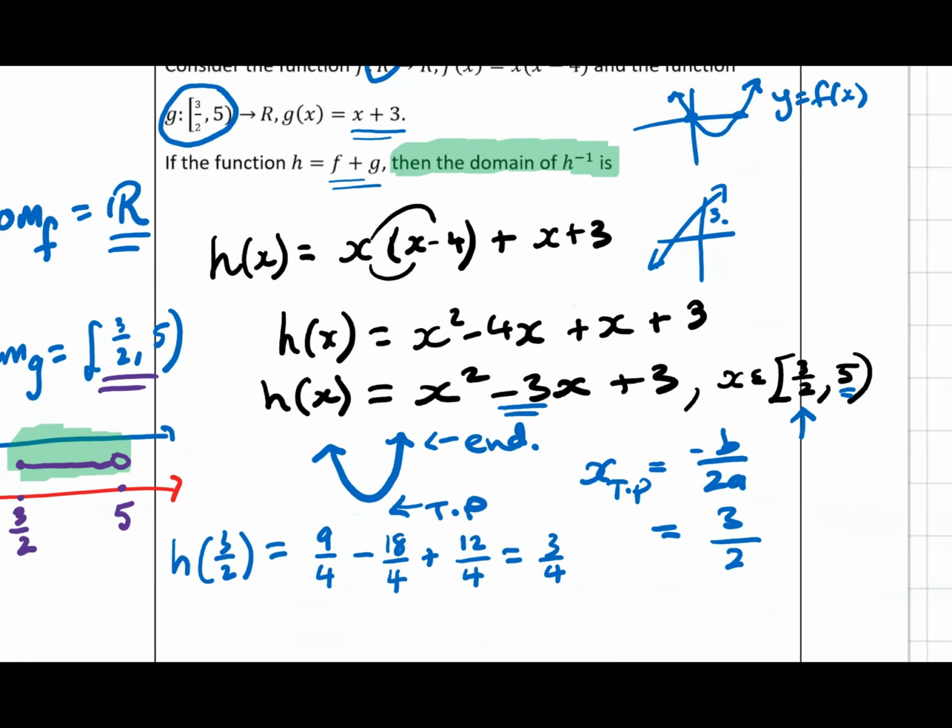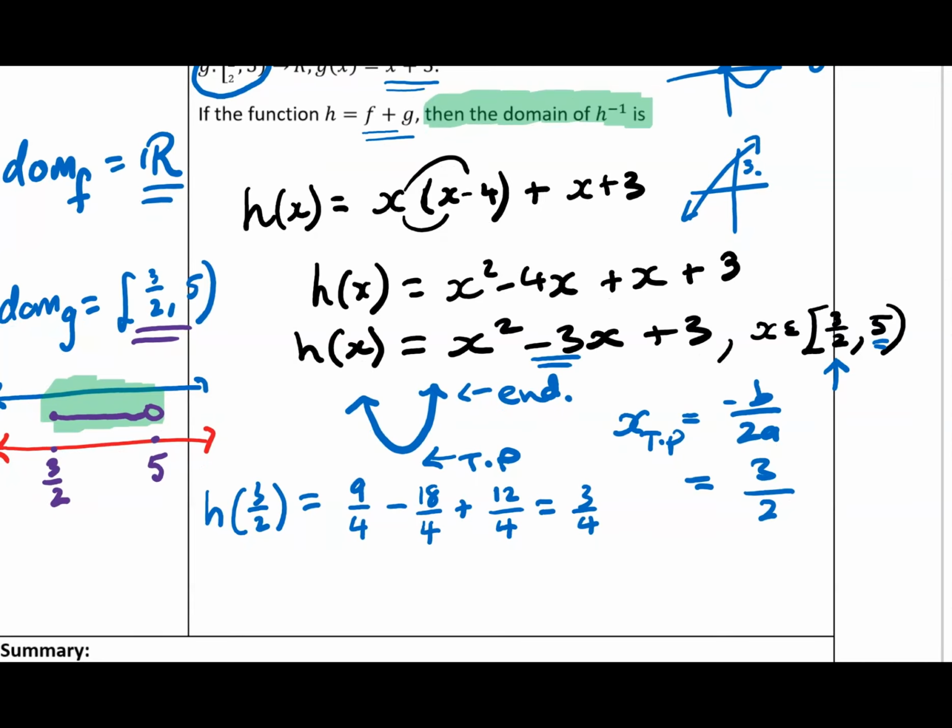So I know that the lowest point on this graph is 3/4. That is to say, the range of h, rather. So the range of h is equal to 3/4. Now the highest point will be to the right of the turning point at an end point that is 5.